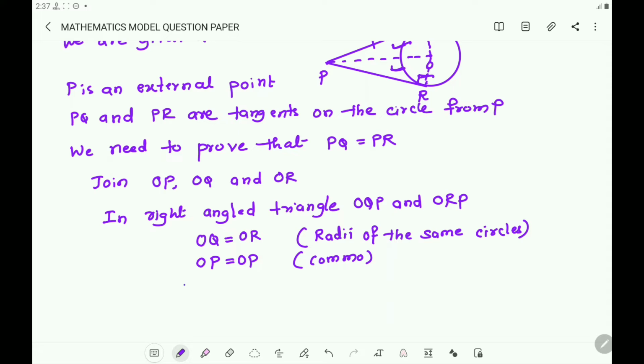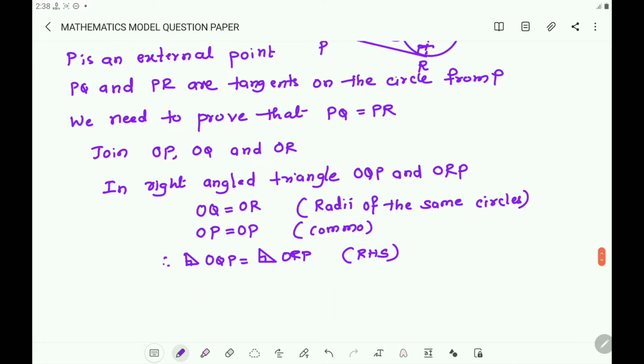Therefore, triangle OQP is congruent to triangle ORP according to the RHS congruence rule.